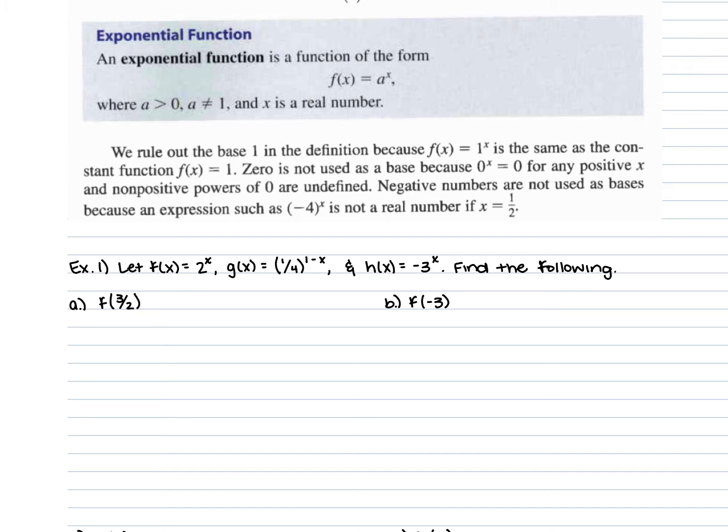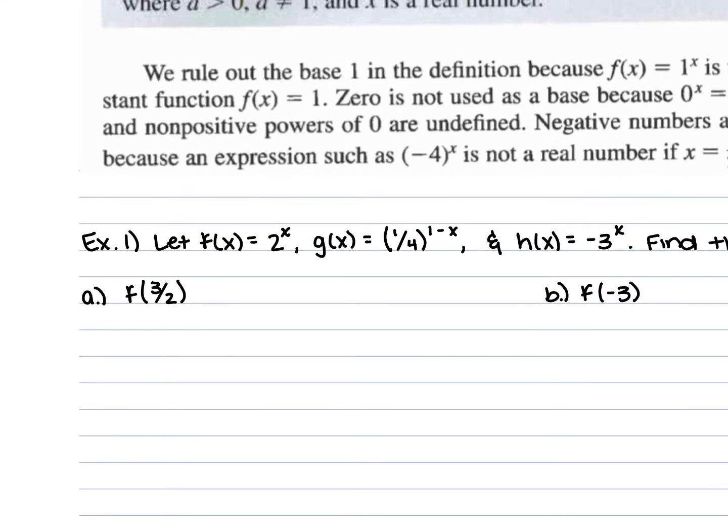For example A, we're finding f of 3/2, which means we're just going to turn that x into 3/2 in that 2 to the power of x. So we have that f of x is equal to 2 to the power of x. So we find f of 3/2. We're going to have 2 to the power of 3/2.